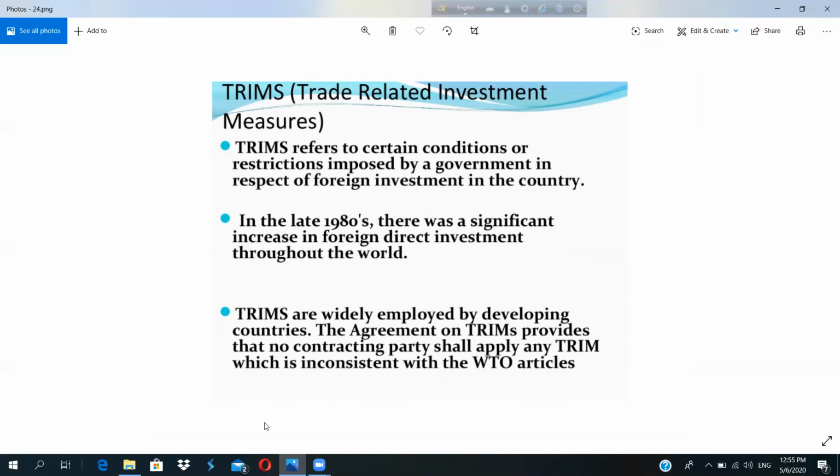The agreement on TRIMS provides that no contracting party shall apply any TRIMS which is inconsistent with the WTO articles. So the trade-related investment measures forecast the expansion of international trade.